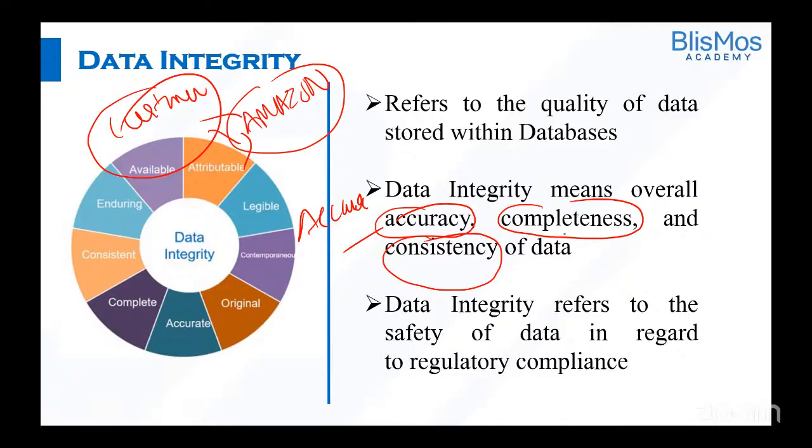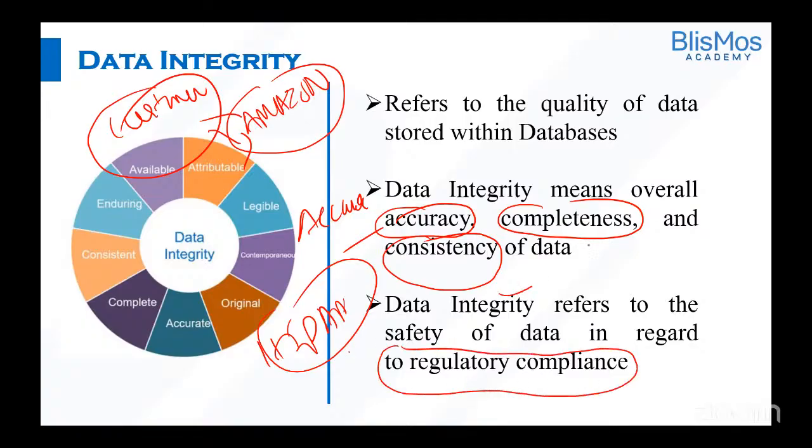For example, in the US we have HIPAA compliance. In India also there are different compliances coming up, and according to them we have to capture the data. There also data integrity comes into picture. So in order to ensure the data is accurate, complete, and consistent, we follow the constraints.